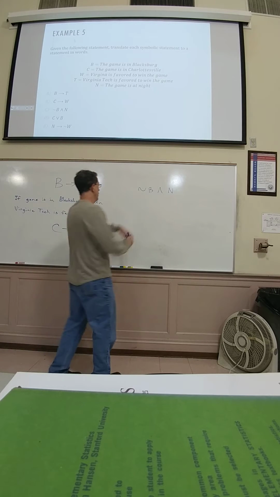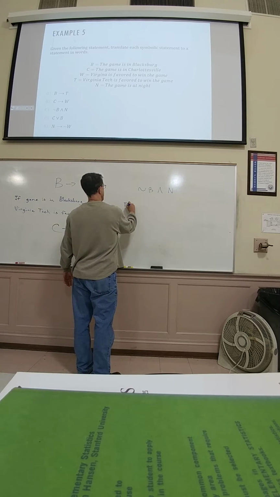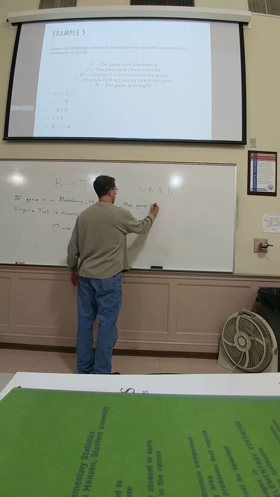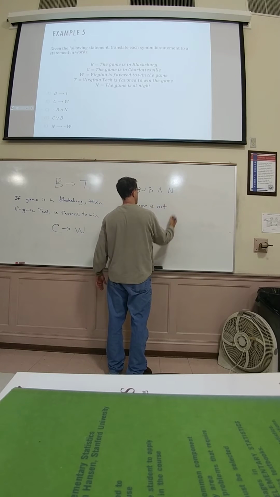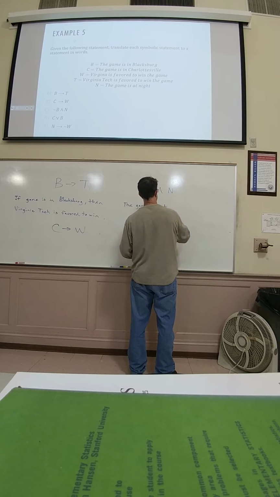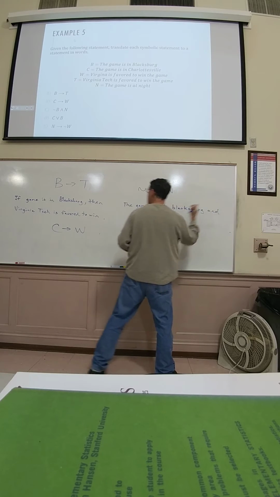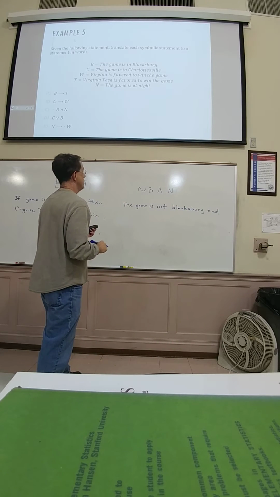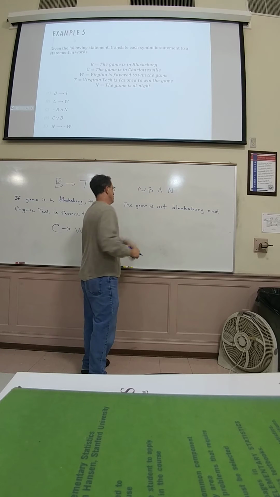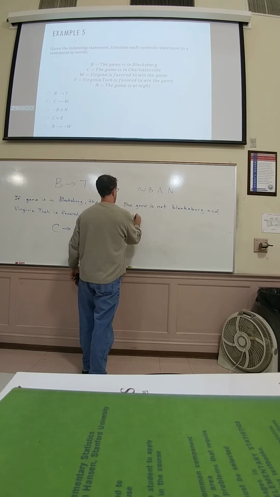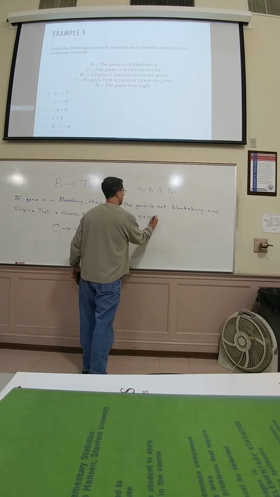So this will be basically: the game is not in Blacksburg, and the game is at night. I wanted to do one negation, and and as our connector.